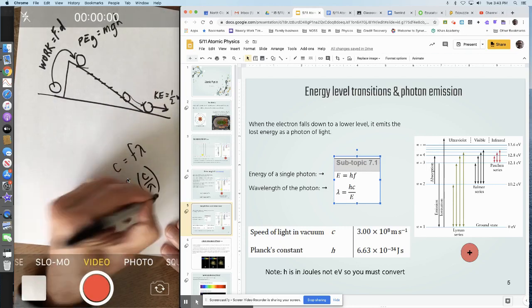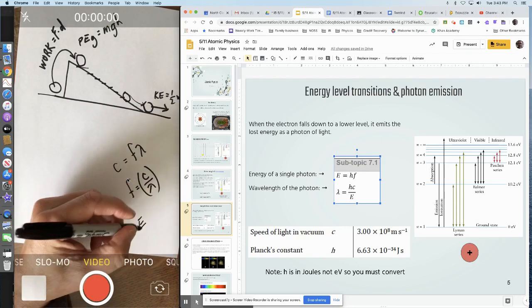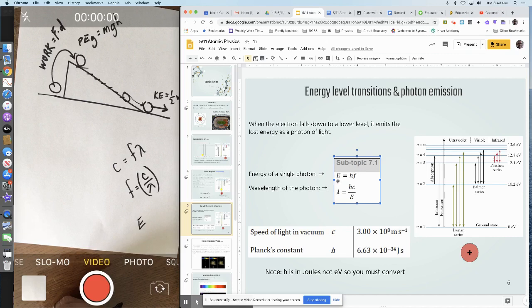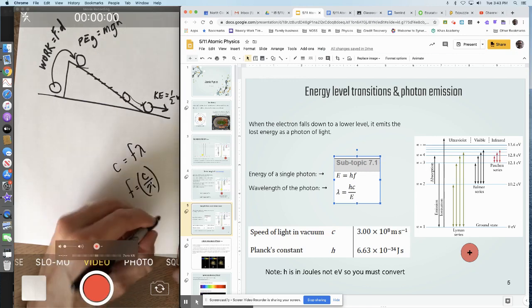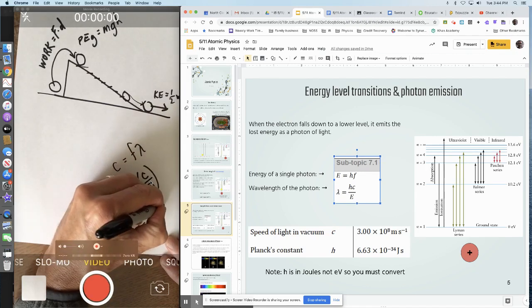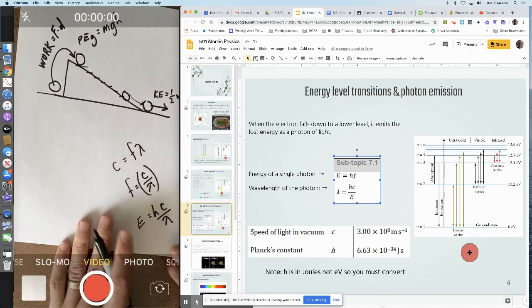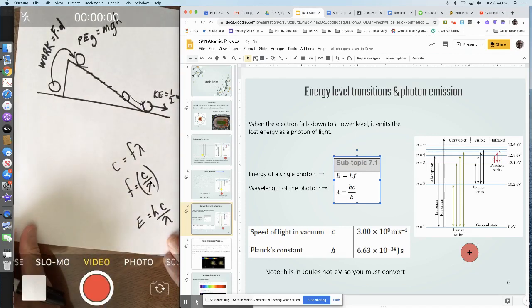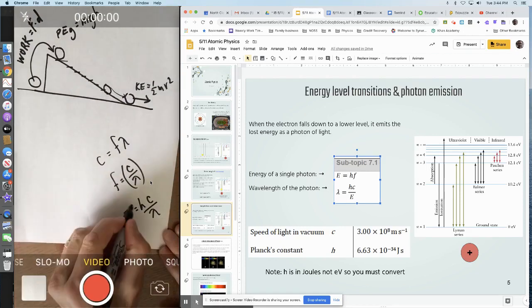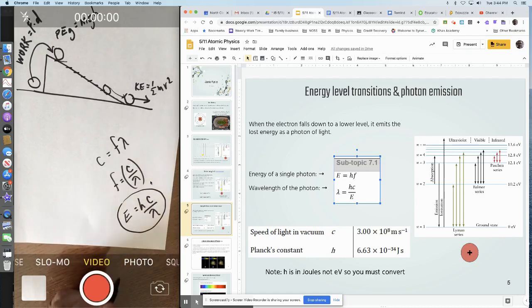Instead of saying the energy of the photon is equal to h times frequency, I'm going to use this for frequency: h times c over lambda. And so this equation right here is the same equation as this, but just solved for lambda.